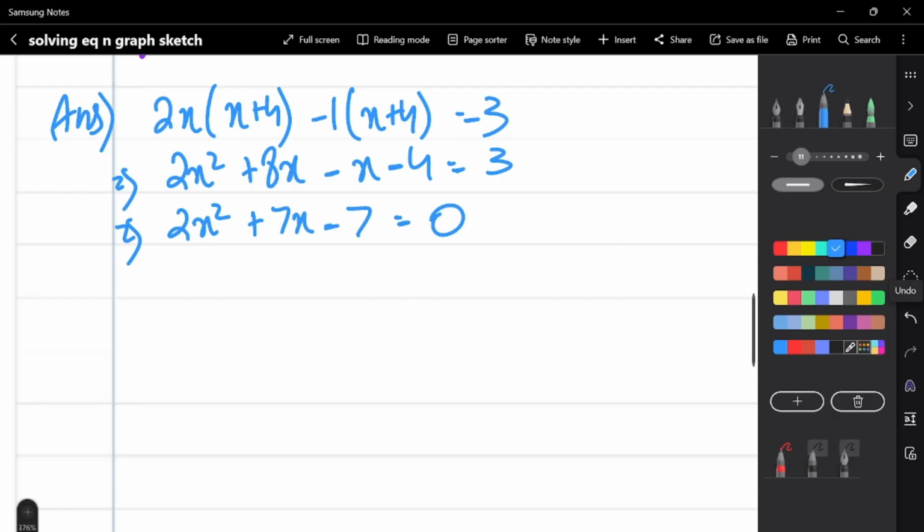Now if you guys want to save time, what you can do is open up your calculator, go to the polynomial equation settings, and this usually depends on the type of calculator you have.